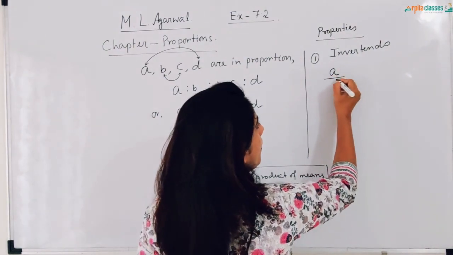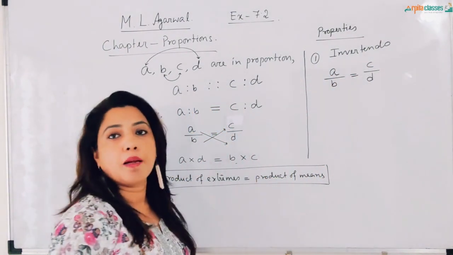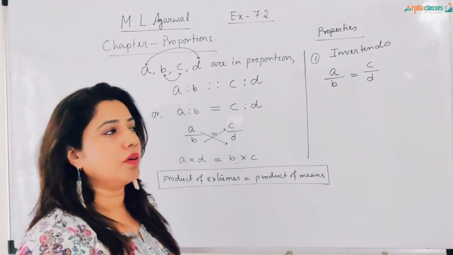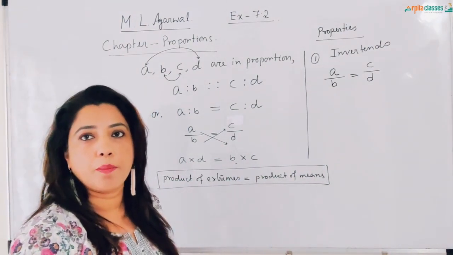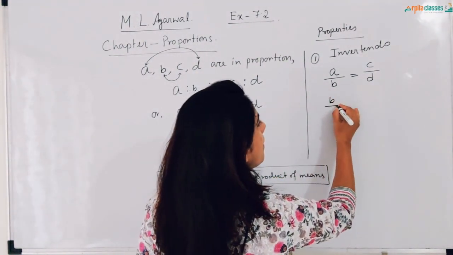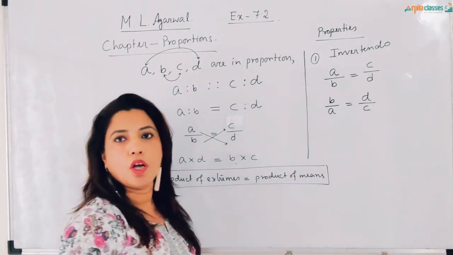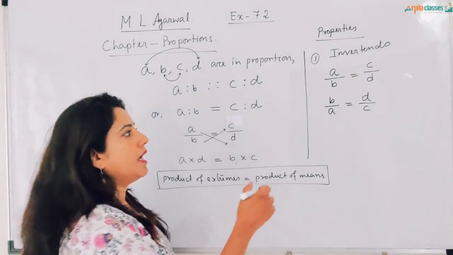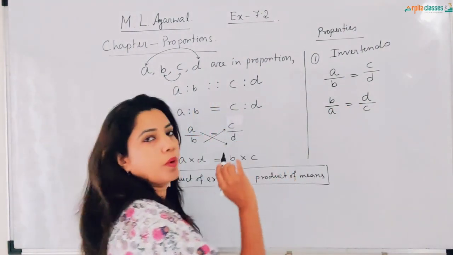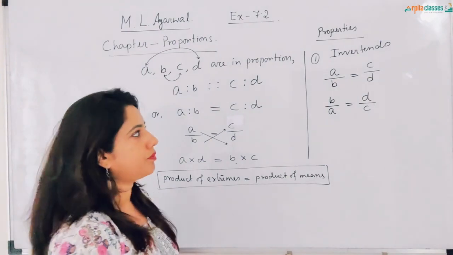If A upon B is equal to C upon D, that means if A, B, C, D are in proportion, we can write A upon B is equal to C upon D. If we invert it, that means B upon A should be equal to D upon C. We inverted both sides and we get B upon A equal to D upon C. So this property is called invertendo.